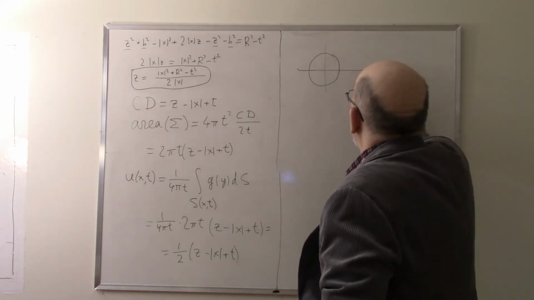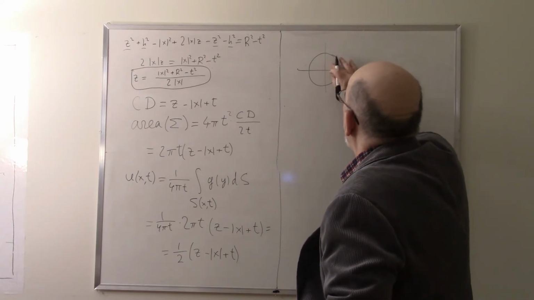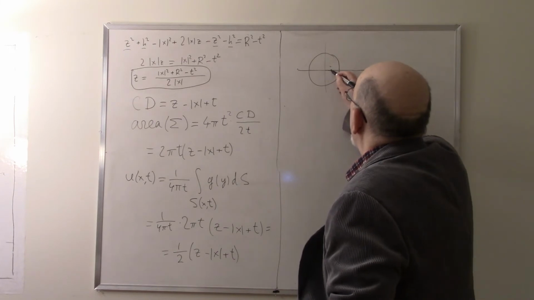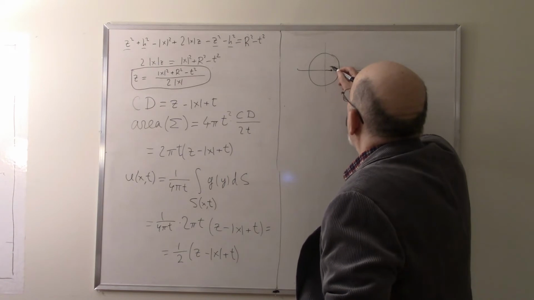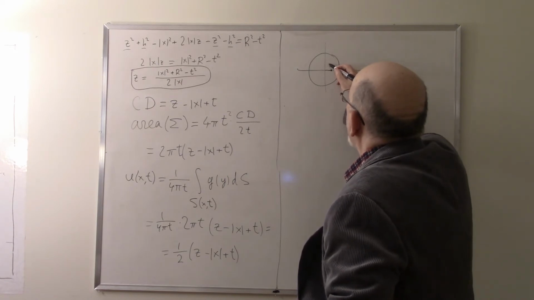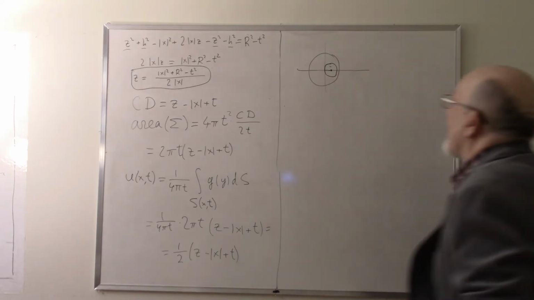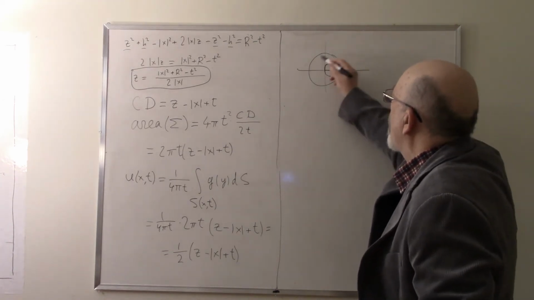The point x can be inside this ball, say here, it is module x, and the radius, the time t, can be so small that all this sphere of radius t is still inside this ball.